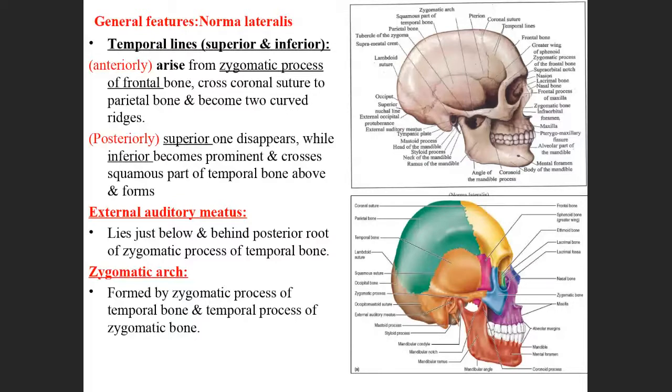Again, as we described in the posterior part of the occipital bone, there you have some lines. These places will show.